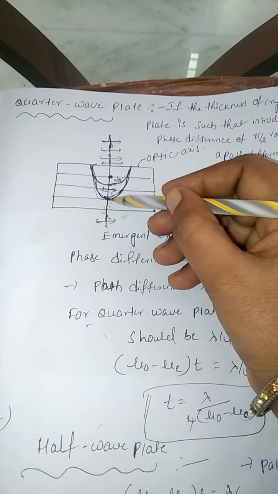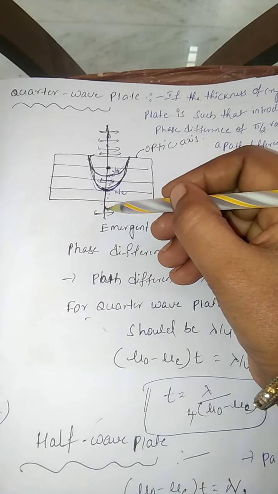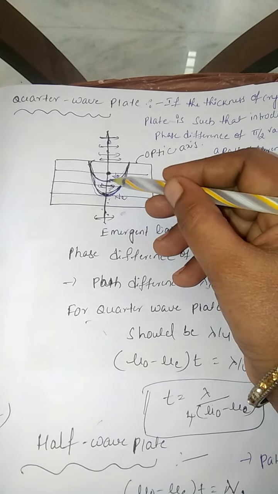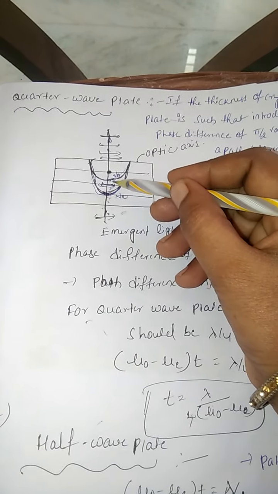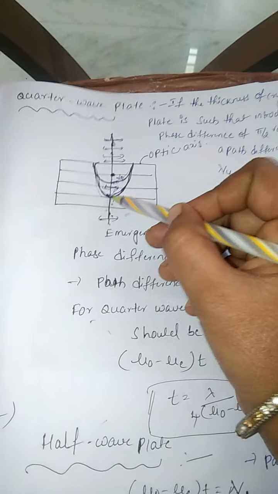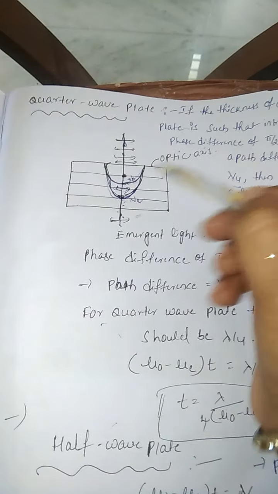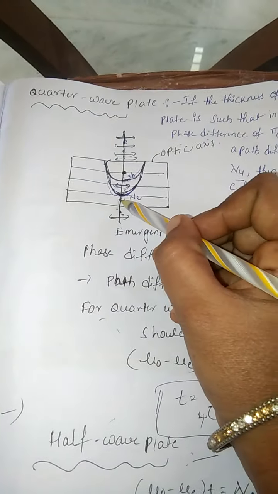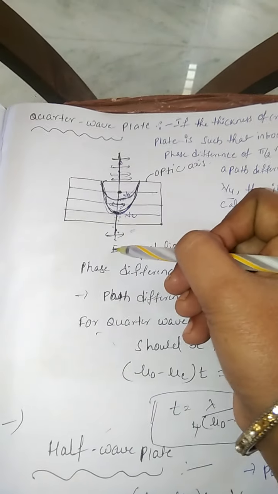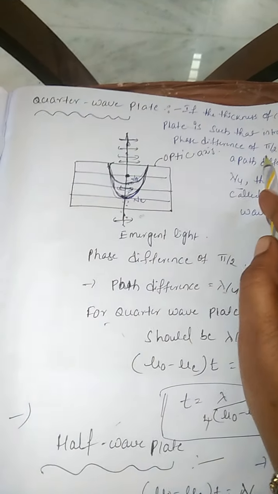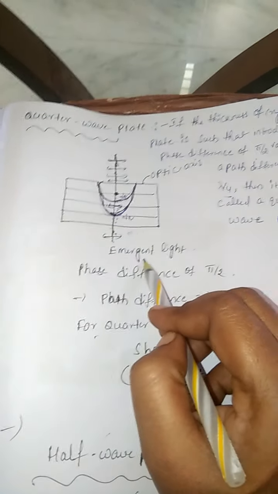If the path difference is lambda by 4 and the phase difference between the ordinary ray and extraordinary ray emerging from the crystal is pi by 2, it is said to be a quarter wave plate.